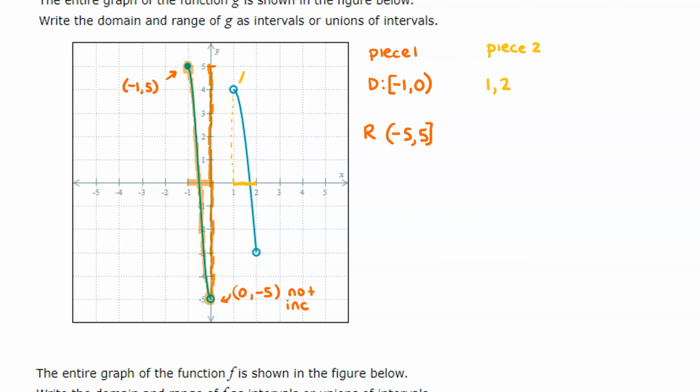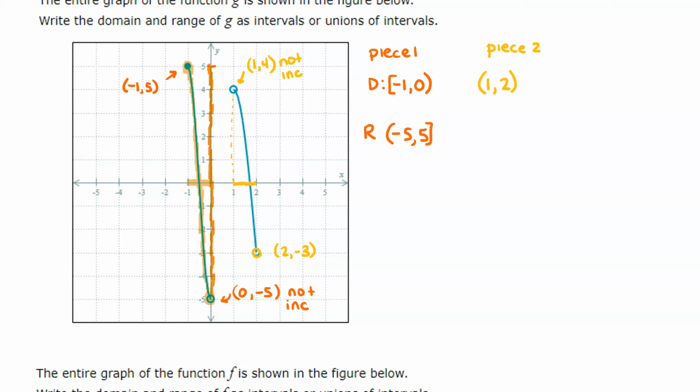Here, (1, 4) was not included, so 1 is not included in the domain. And this guy here, (2, -3), is also not included. So 2 will not be included in the domain for the second piece.